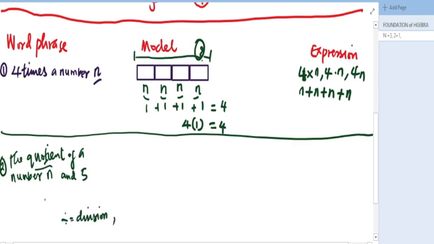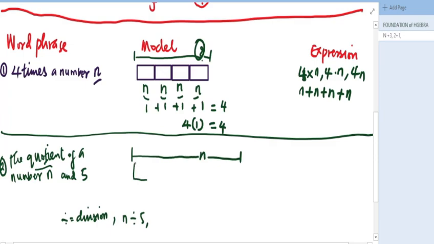So when you are doing quotient, there's a rule. If you say quotient of n and 5, it's going to happen in one direction. The numerator is going to be n divided by 5. Okay, sorry, I'm already into the expression. So let's find the model first. The quotient of a number n and 5. So the full stretch is the n. And we are saying that we need to divide this n into what? 5 equal parts.